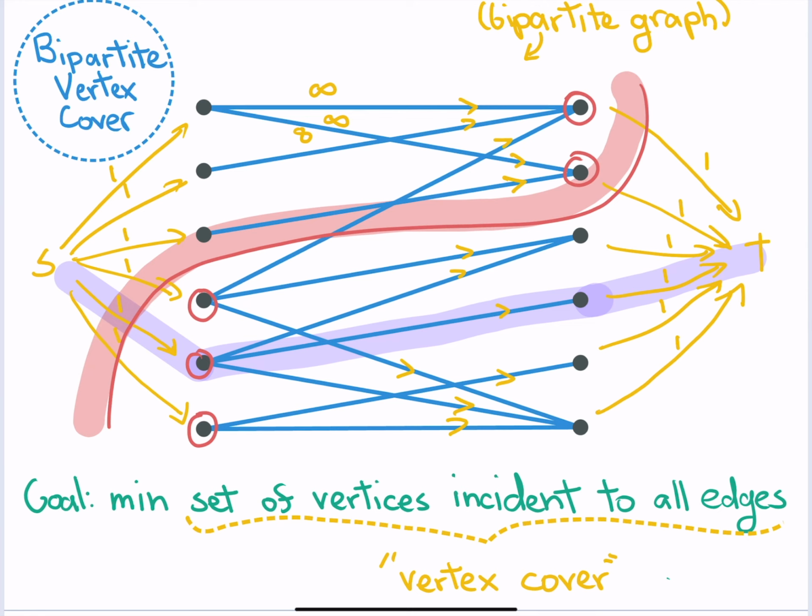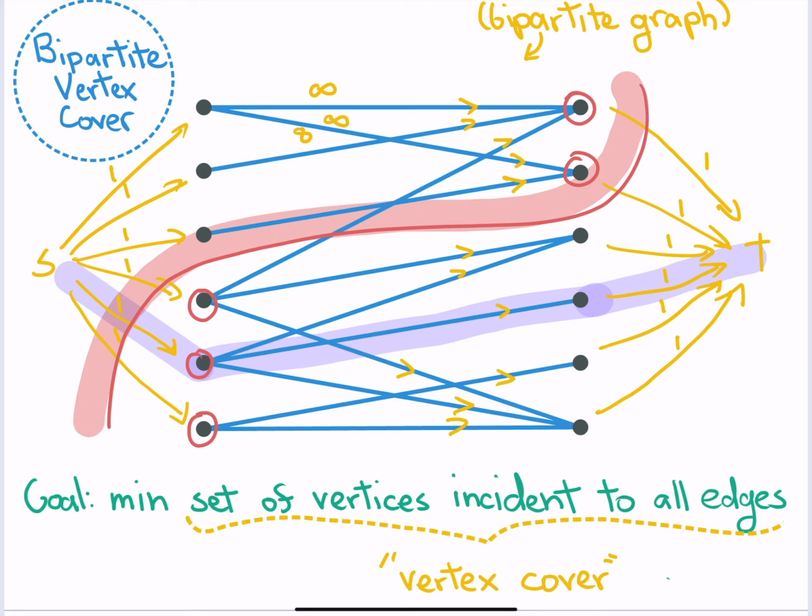Because it's a vertex cover, I know I'm taking either the left or the right endpoint, and then I'm going to be cutting either that left or right edge. So given a vertex cover, I delete the corresponding source and sink edges, and that gives me a cut, and it'll disrupt all the paths.